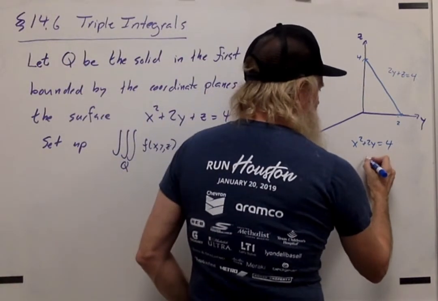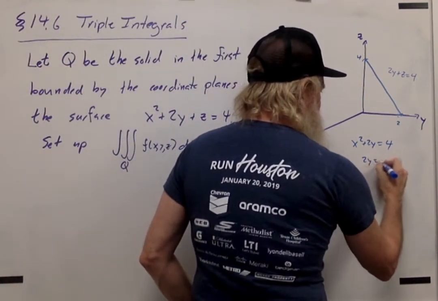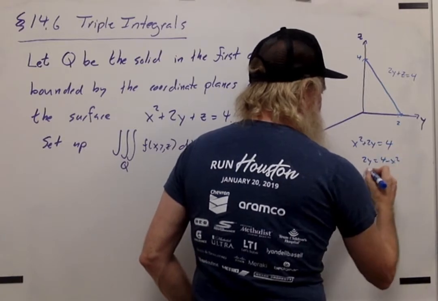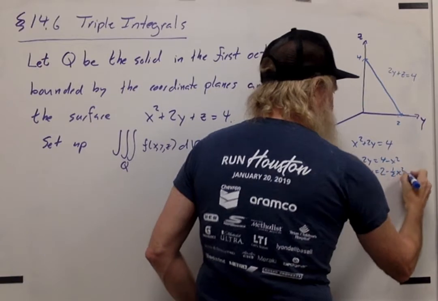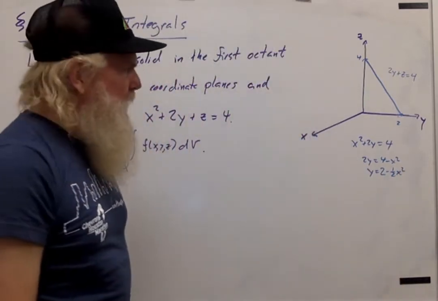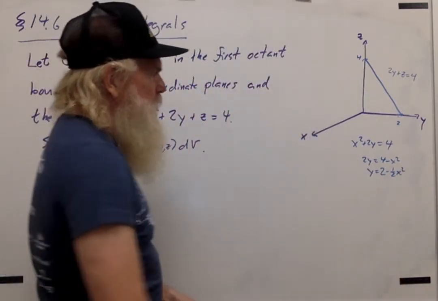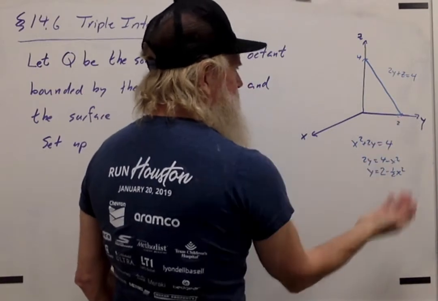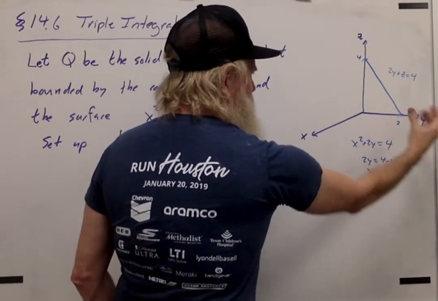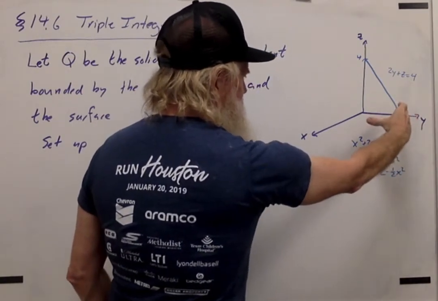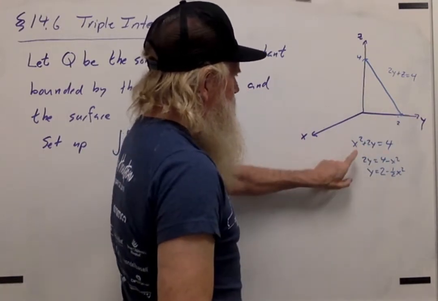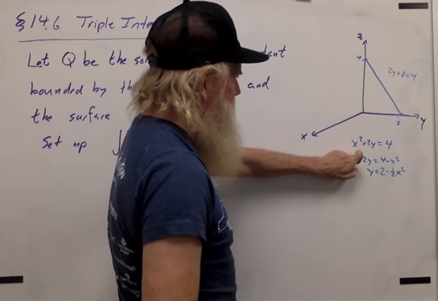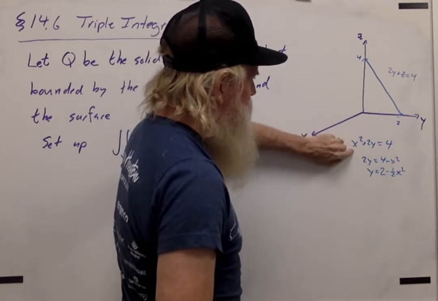If we wanted, we could rewrite this as 2y equals 4 minus x squared, or y equals 2 minus a half x squared. So that's going to be a parabola which turns backwards. It's got its vertex at 2, and it's turned downwards with respect to the x-axis. So notice that its y-intercept is indeed equal to 2.